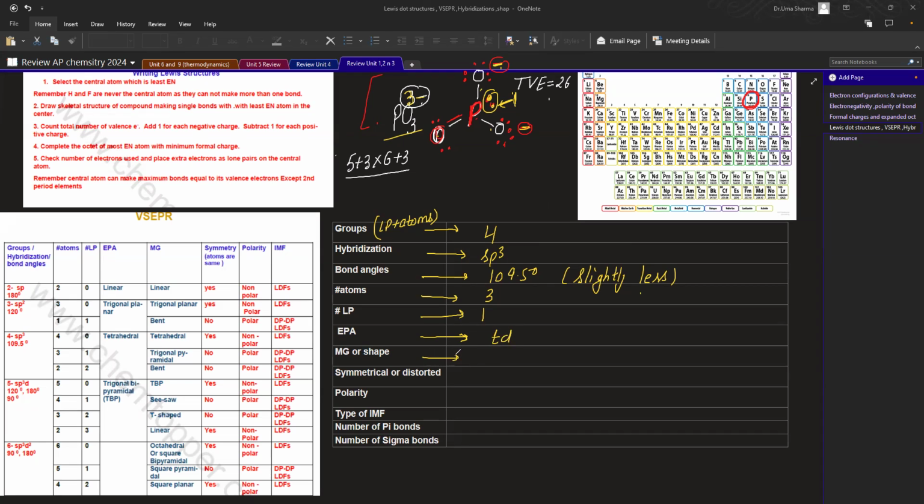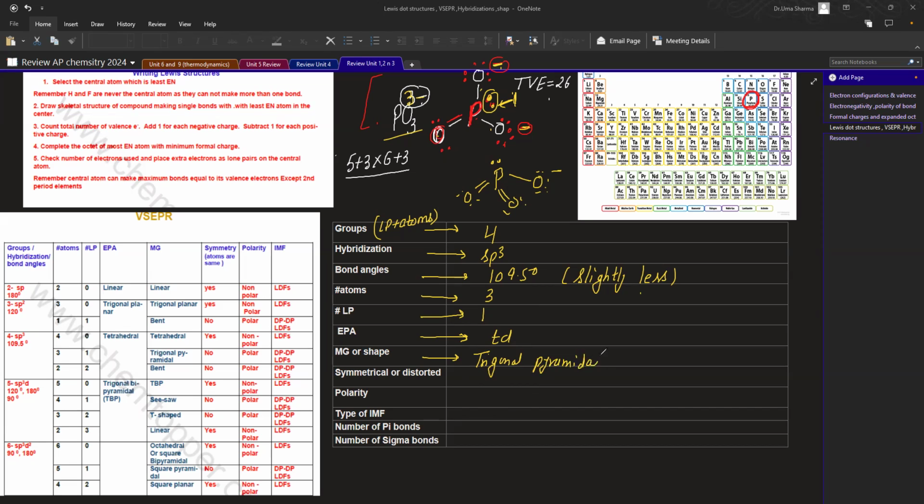What's the molecular shape? Molecular shape is not tetrahedral because when I make the tetrahedral, it will appear to you like this. It's trigonal pyramidal. Yes. Who is this? Dhruv. Very good. So please practice this table.